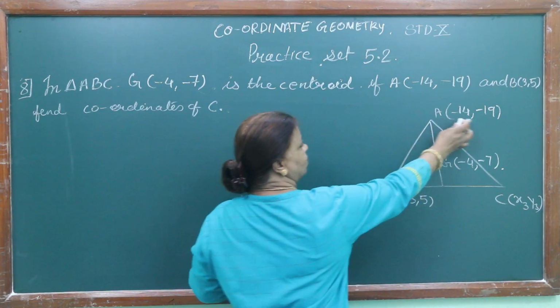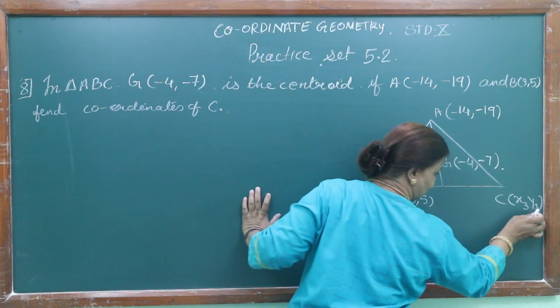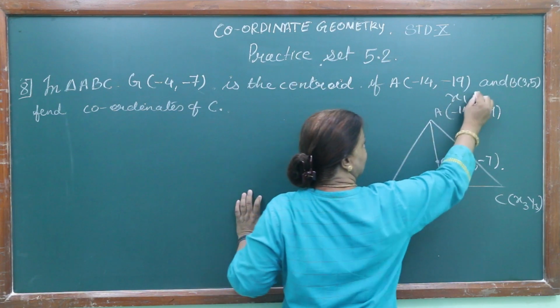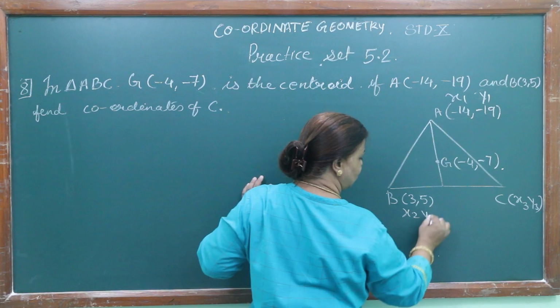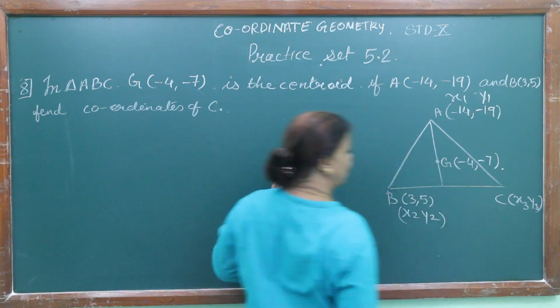Usually we take x1, y1, x2, y2, x3, y3. So let us take it x1, y1 and x2, y2 and this is x3, y3.